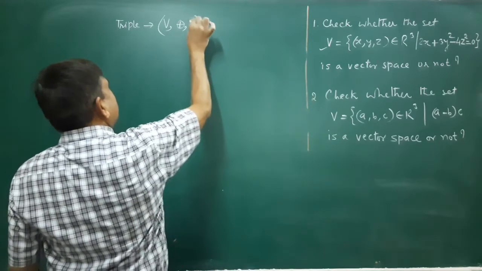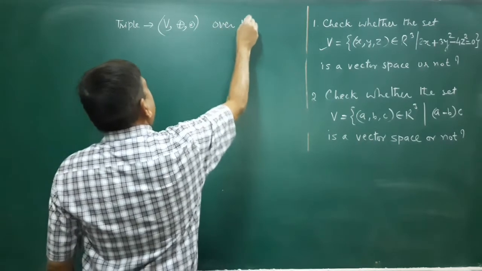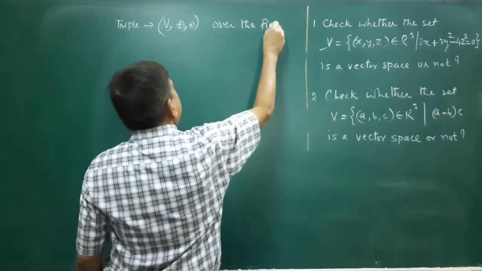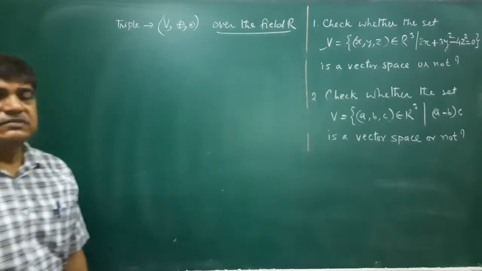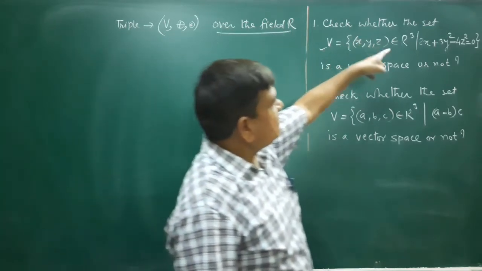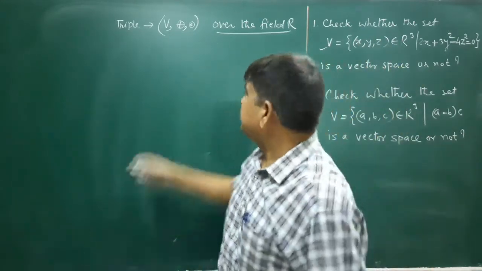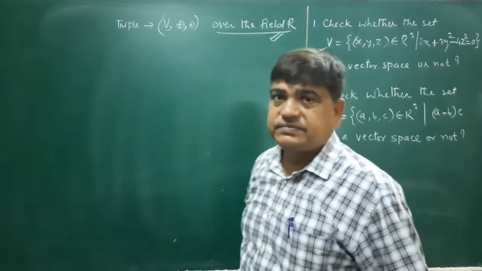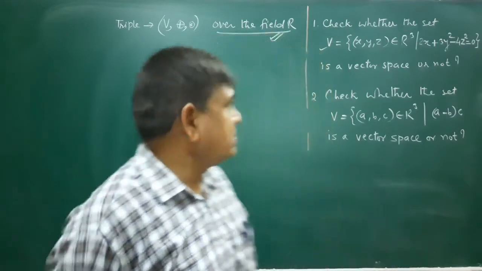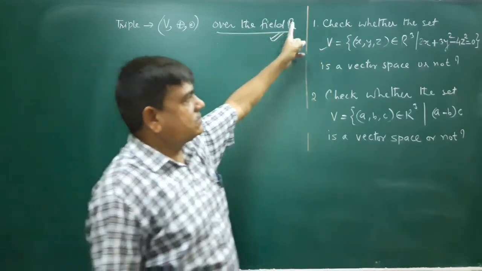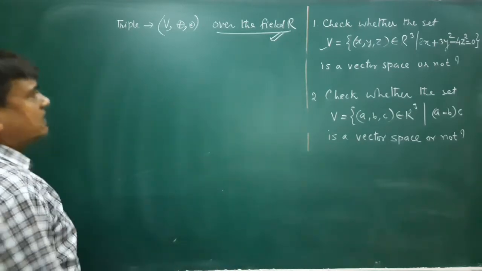Addition means this one and multiplication this one, over the field R. Remember, the field is not specified, it is not given. Assume that this is the set of real numbers. That is this. Okay.